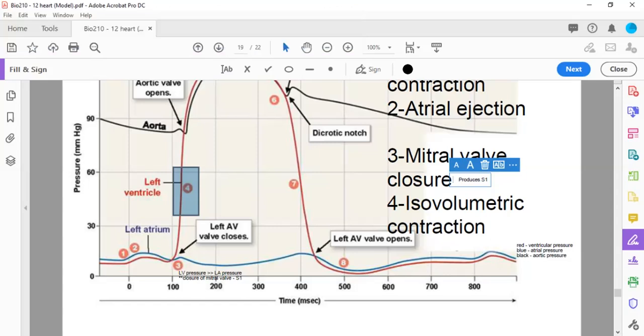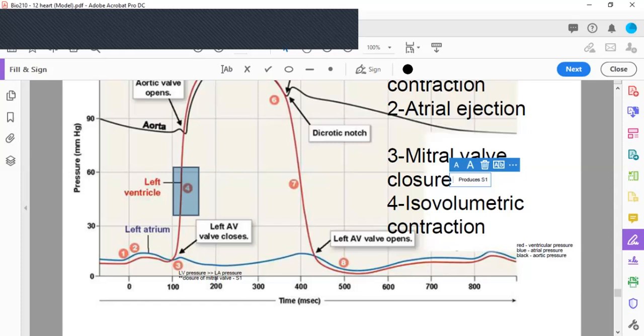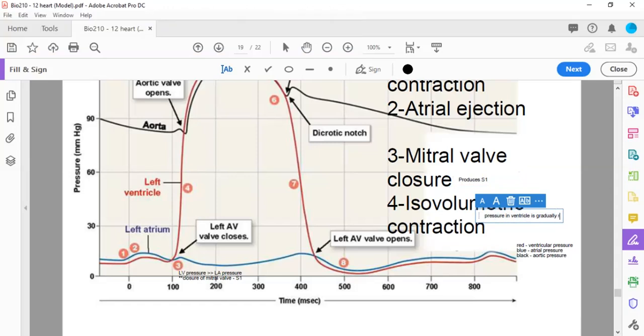In isovolumetric contraction, the pressure in the ventricle is gradually rising, but not enough to open the semilunar valves.